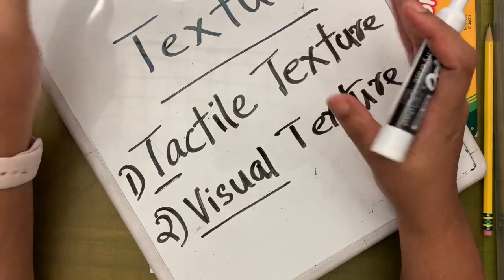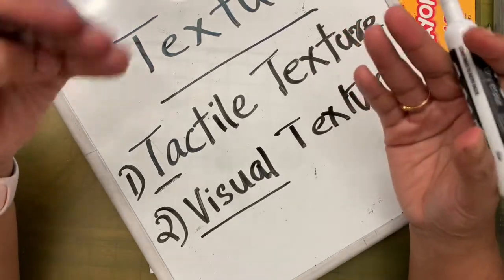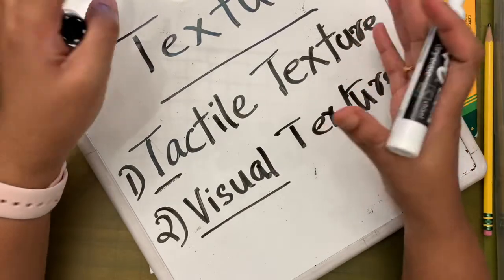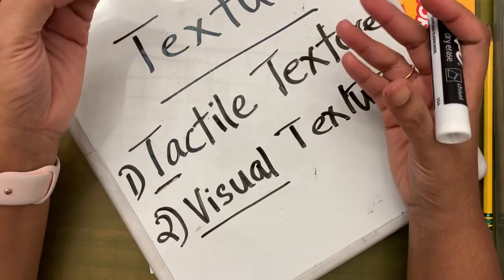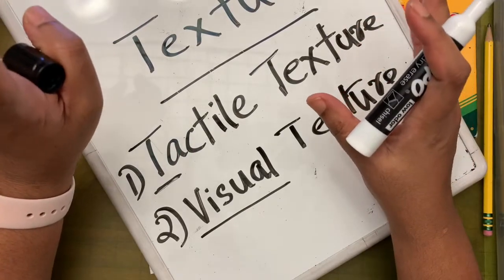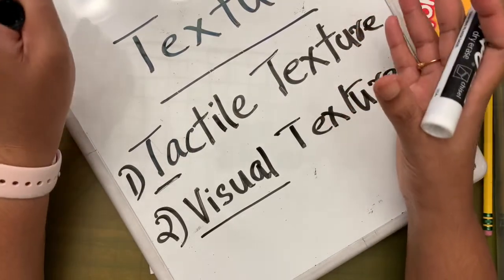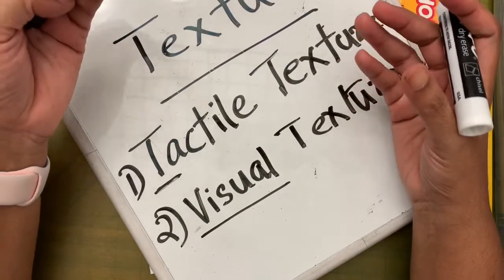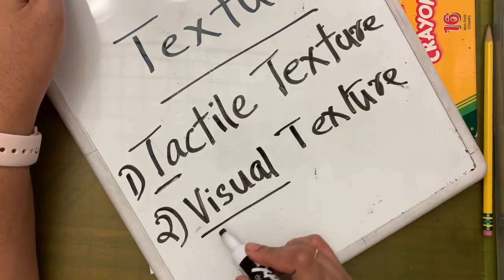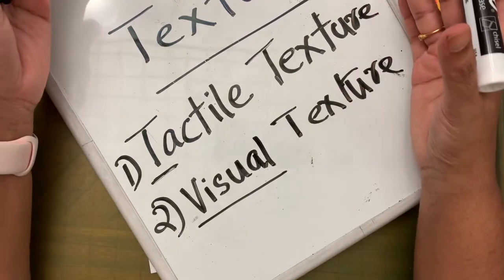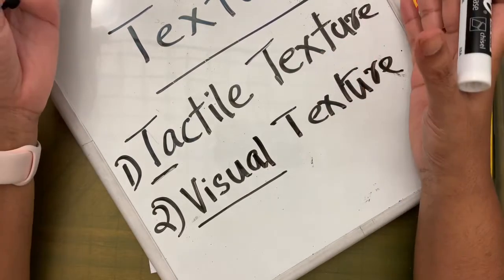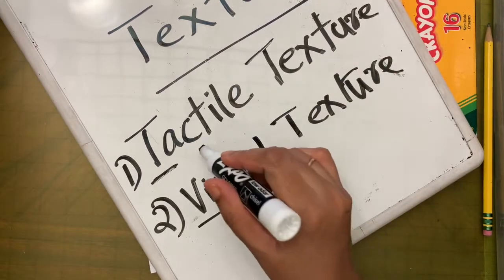Suppose you are looking at a picture of a bear, and you see how the fur of the bear is. By looking at it, you feel like you can feel it, right? That type of texture is called a visual texture, something that you can see, and when you see it, you think you know how it feels.